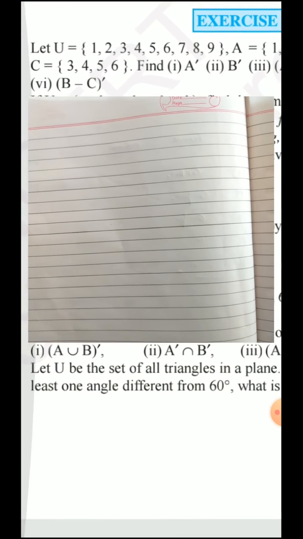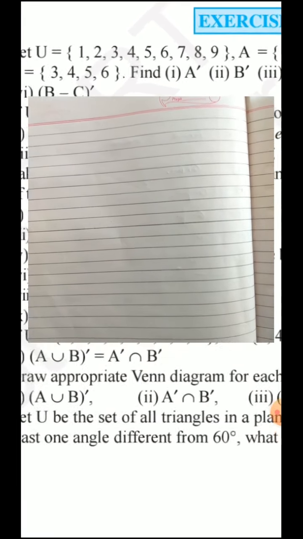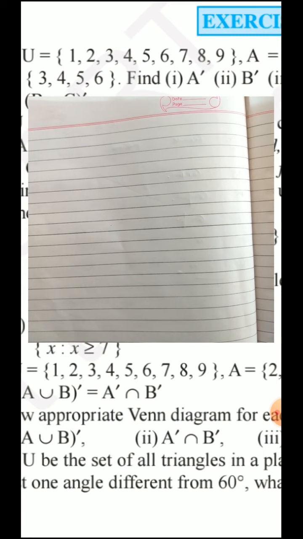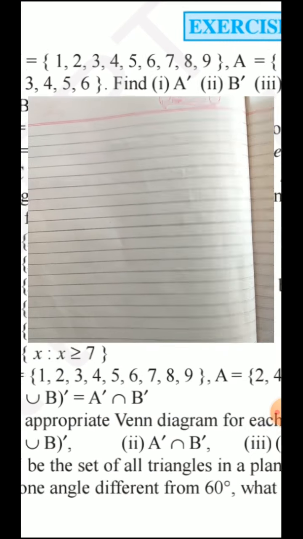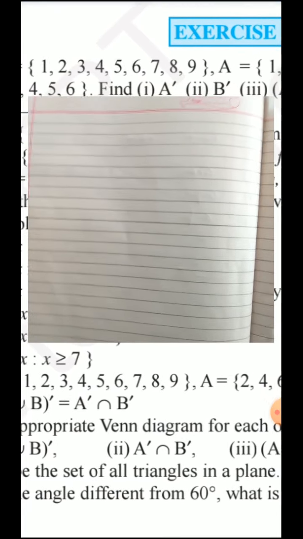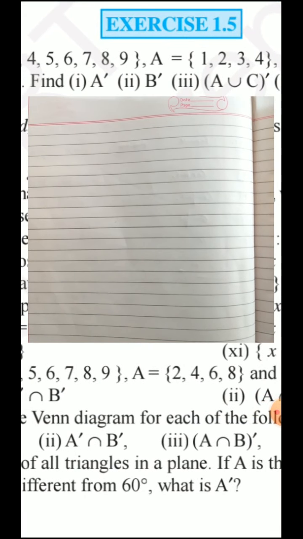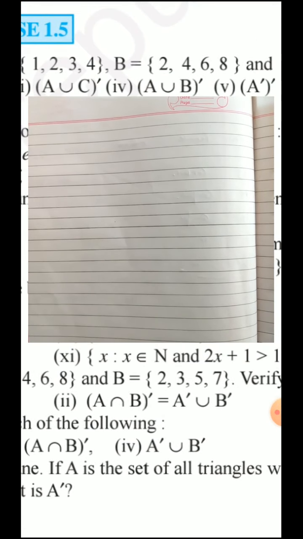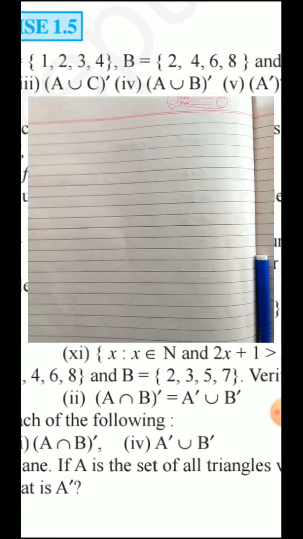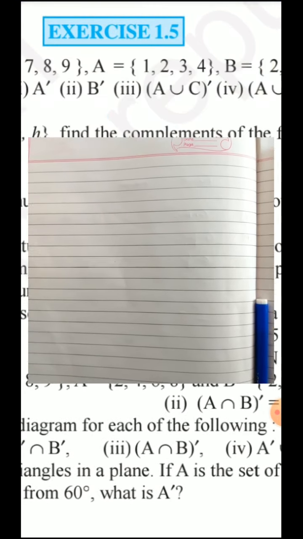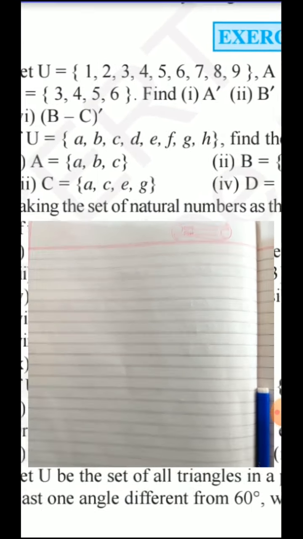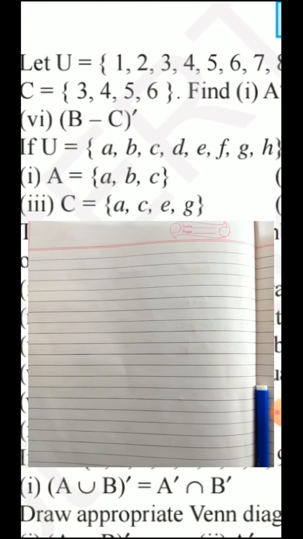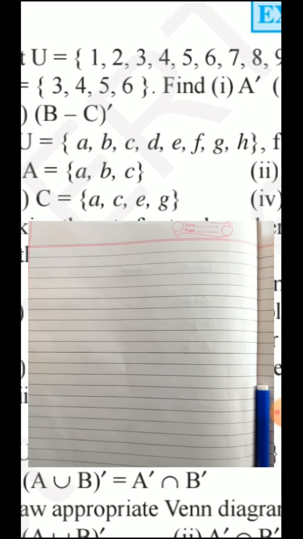The first question is: let U be a universal set having elements 1, 2, 3, 4, 5, 6, 7, 8, 9. Set A having elements 1, 2, 3, 4, set B having elements 2, 4, 6, 8, and set C having the elements 3, 4, 5, 6.